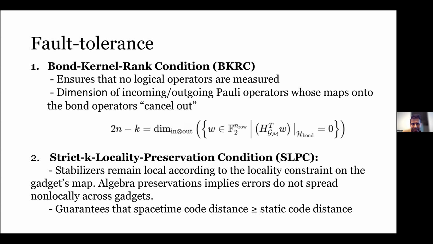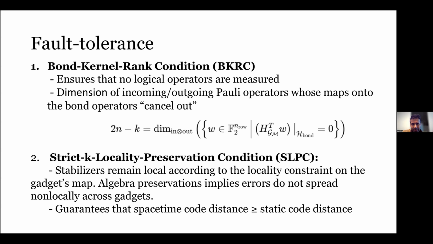So the first condition ensures that we do not measure any logical operators. So, as I said, for the stabilizers, the polyweb closes inside the space-time dynamics specified by the gadget. And that closing inside basically means that there is this algebraic cancellation of the maps of the Pauli operators that form the stabilizers, right?